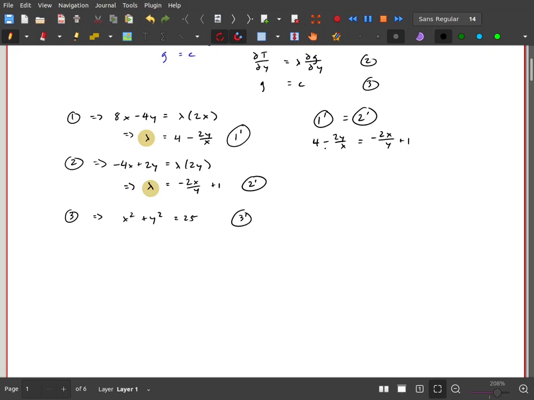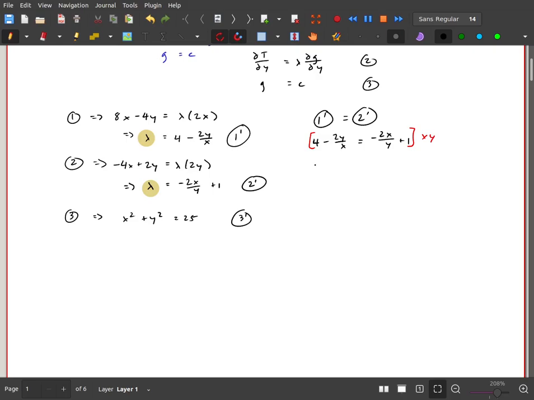Okay, so if I expand this out, I'll multiply both sides by xy. So let me change colors so that you can see. I'm going to multiply everything by xy.